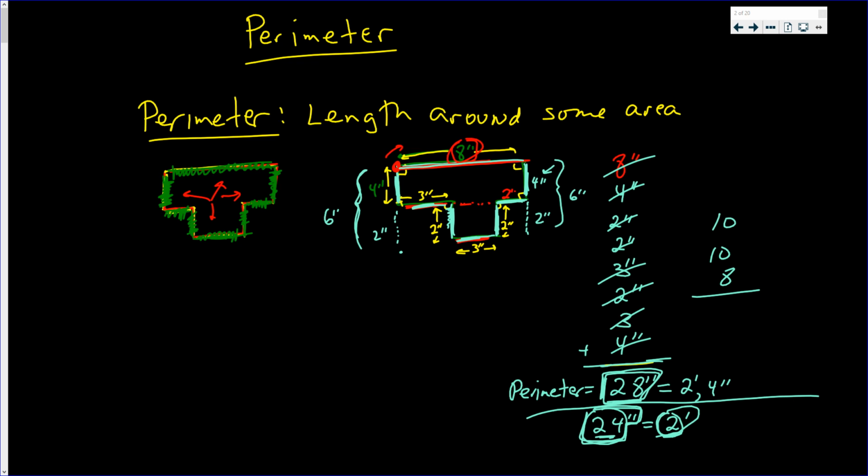Okay. Let us do another one like this. Suppose you have the following. This is 50. Again, everything is either horizontal or vertical.